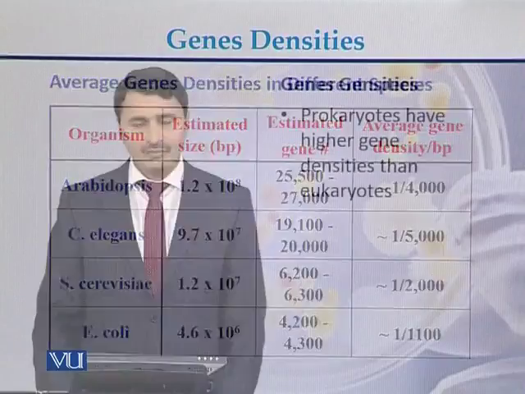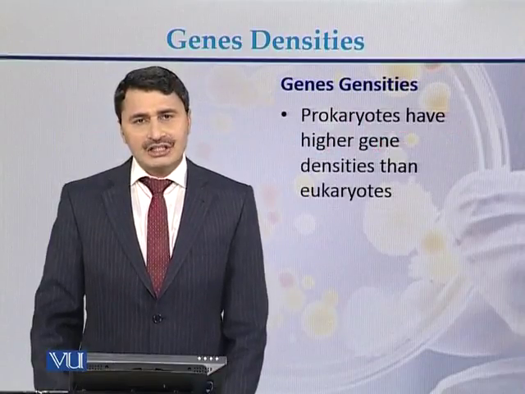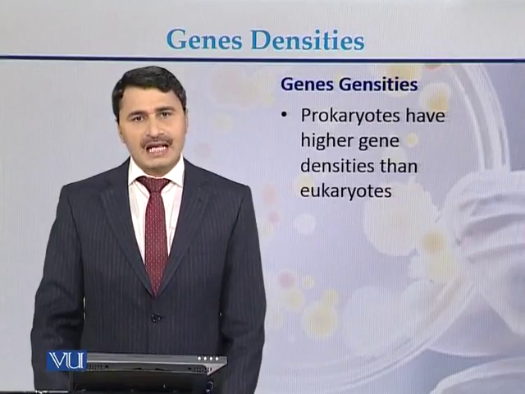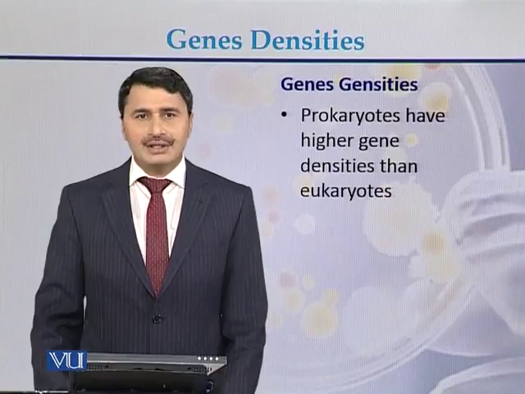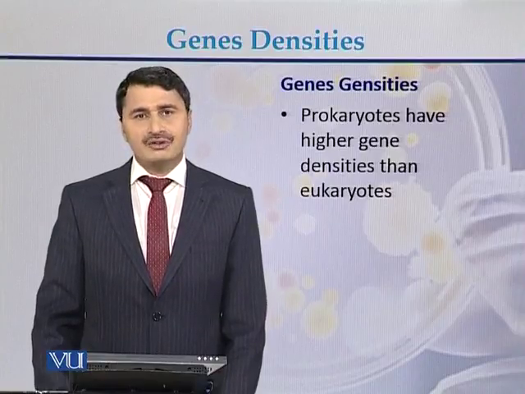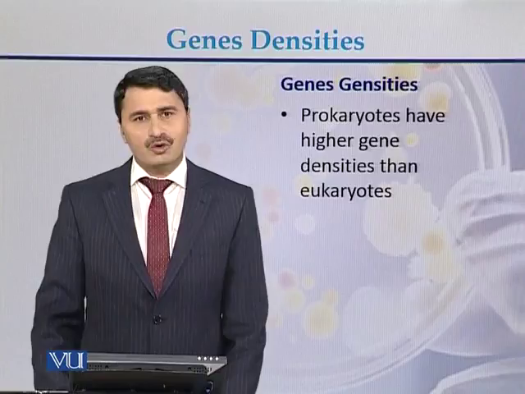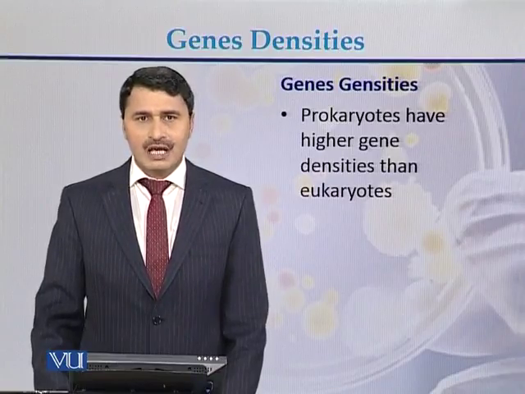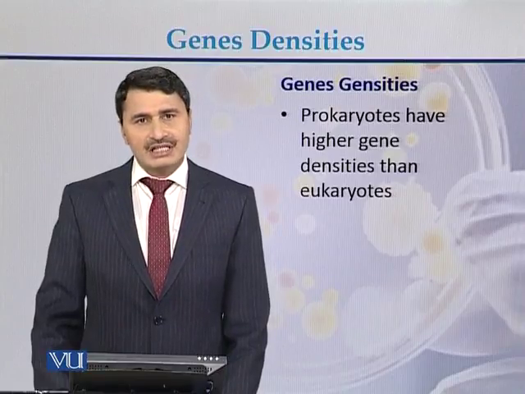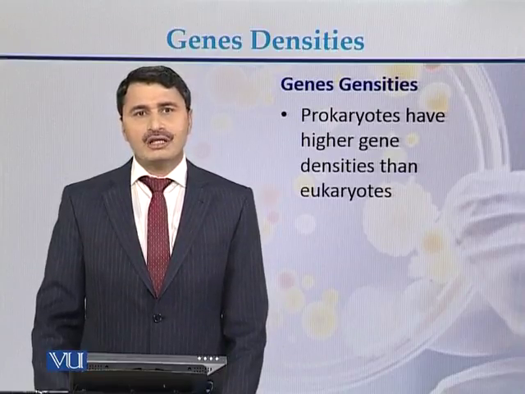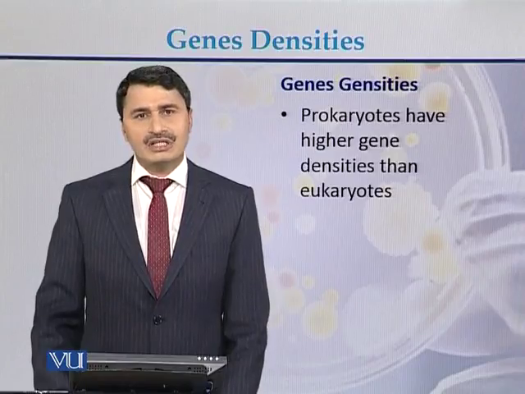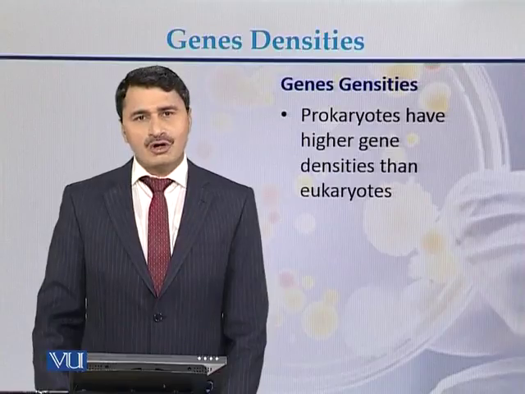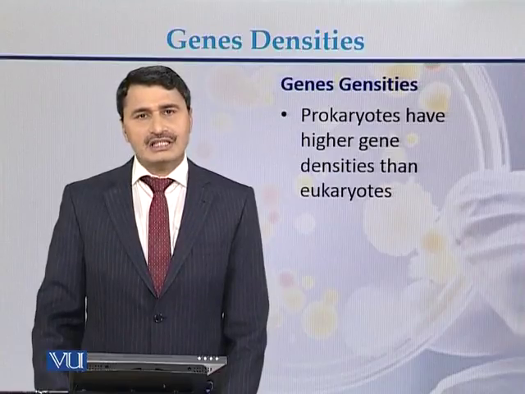To conclude, gene density is the number of genes present per length of the DNA. Gene densities are usually large in prokaryotes, and usually less in eukaryotes. There are different reasons why gene densities are more in prokaryotes: there is no intergenic DNA, there are no introns, and the genes are placed side by side.